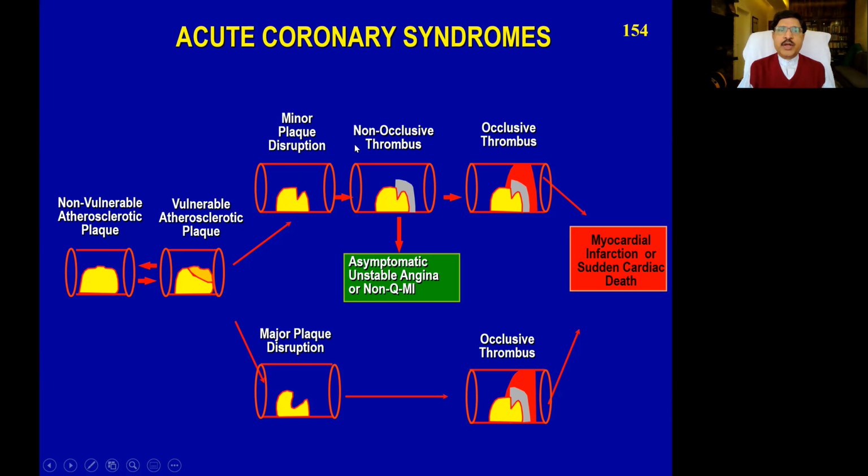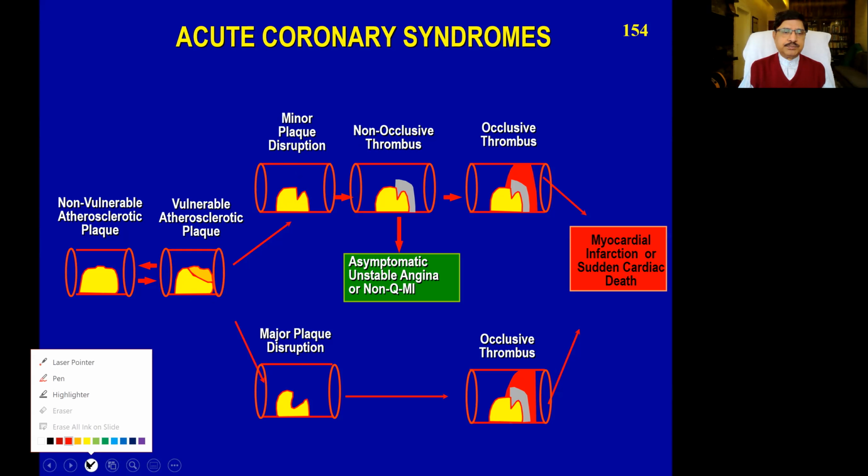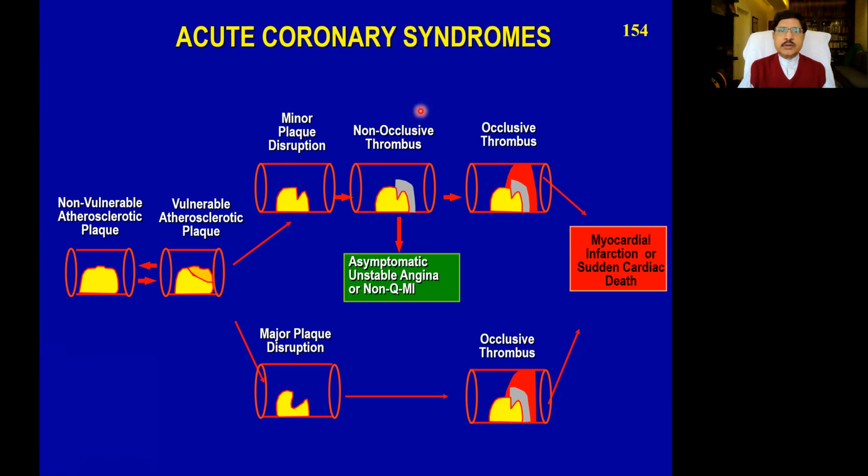That results in a non-occlusive thrombus. So this is a non-occlusive thrombus. The blood flow can still go and it is not totally occluded. This non-occlusive thrombus may be asymptomatic depending on the amount of blood flow, may be unstable angina, or may be an NSTEMI or non-Q wave myocardial infarction.